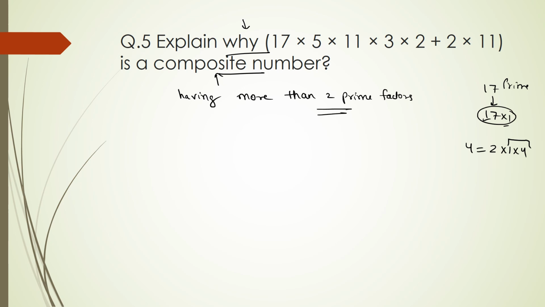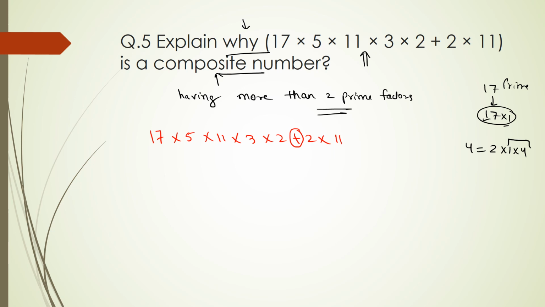So let's form this into a form where we can say it has more than two factors. We have 17 into 5 into 11 into 3 plus 2 into 11. You know that you can only take common out when numbers are separated with the operation of addition and subtraction. You cannot take common from multiplication, right?